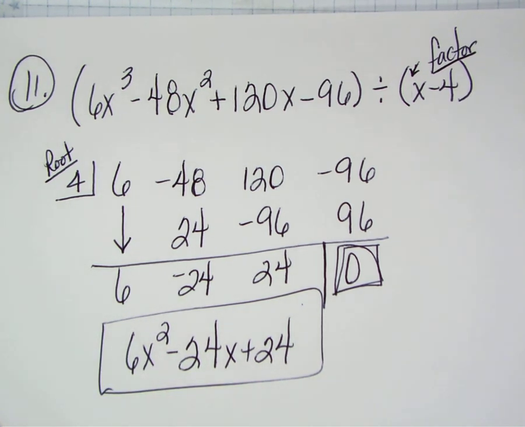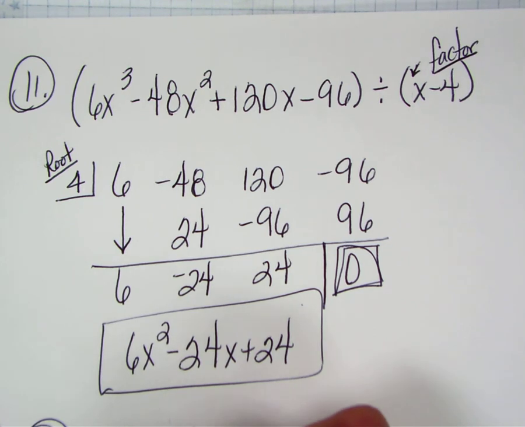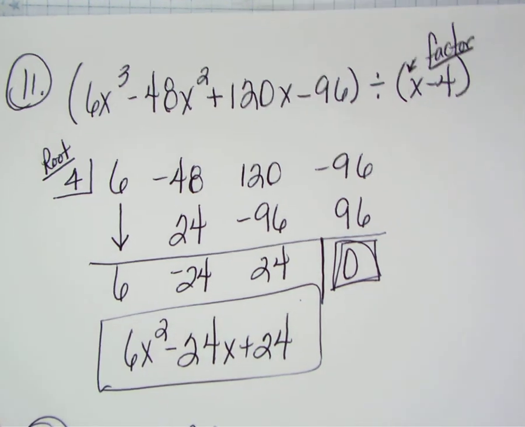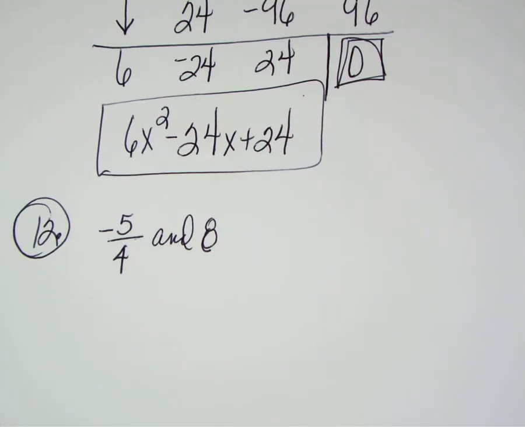Okay, we're going to do 12, yeah, let's just do 12 and 13 in that order. Now, number 12 says that negative 5/4 and 8 are roots, and they want us to find the equation.